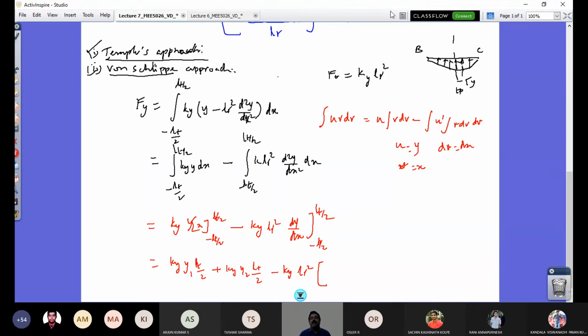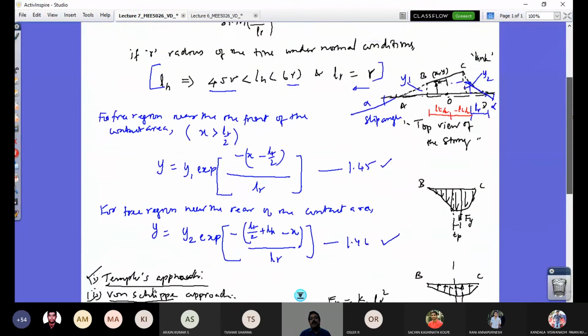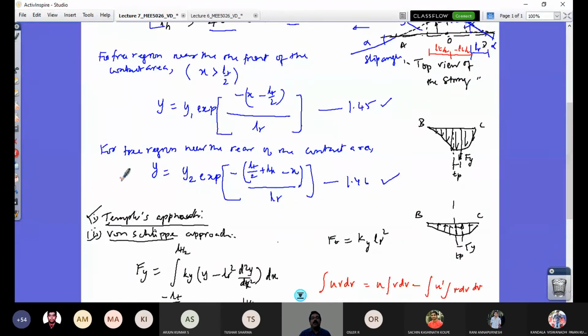So how do I get dy by dx? That's where you have to look at what we have defined here. This is my y, so what is my dy by dx? It's an exponential function, so here it's minus x. Taking out minus 1 by LR, it's minus y1 by LR exponential power minus x minus LT by 2 by LR. When x is equal to LT by 2, this exponential is going to be 1. So dy by dx is minus y1 by LR.